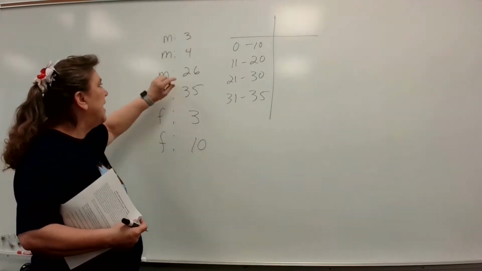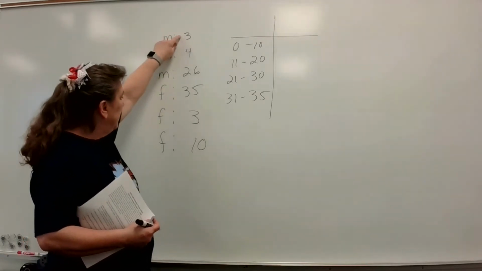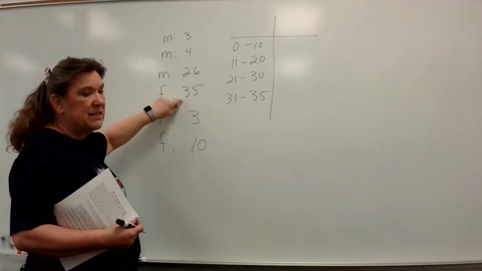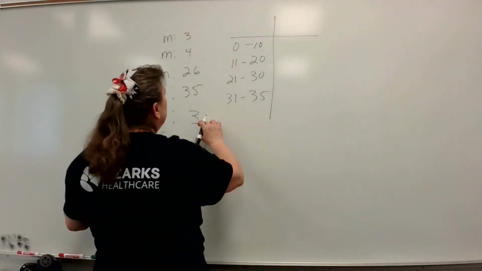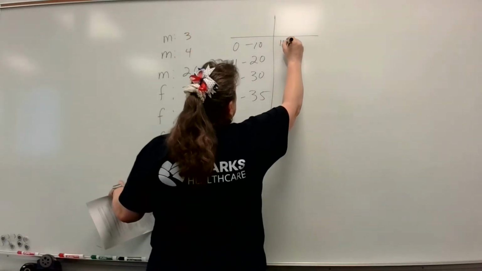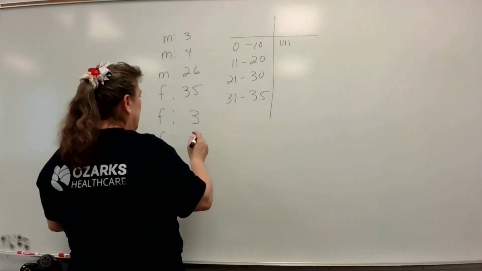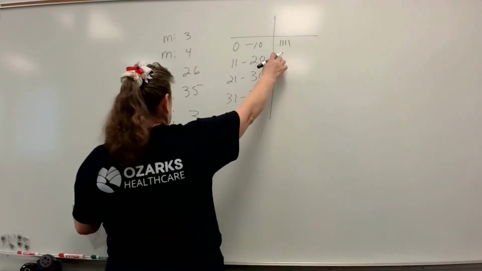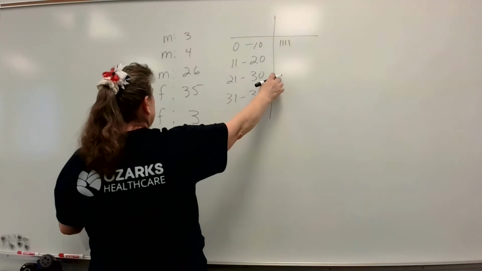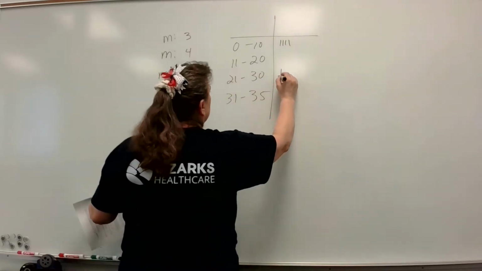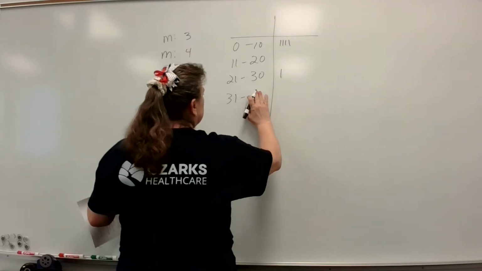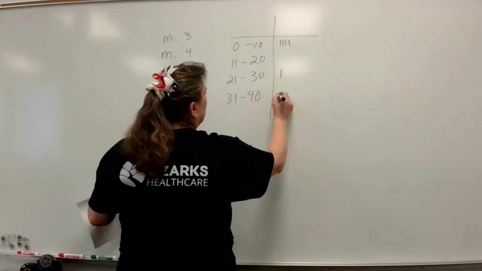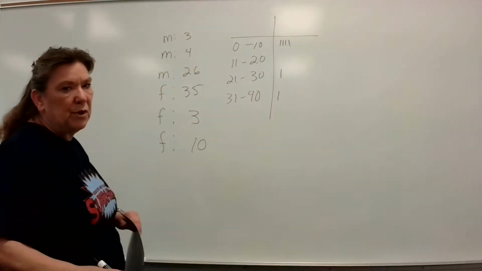If you do that, it will put 3, 3, 4, 10, 26, and 35. So that would make it easier. 1, 2, 3, and 4 of these are in this category. Nobody's in this one. And 21 to 30, we have 1. And 1 is 31 to 40. This needs to be 40, not 35. Okay, so that's how it's grouped.